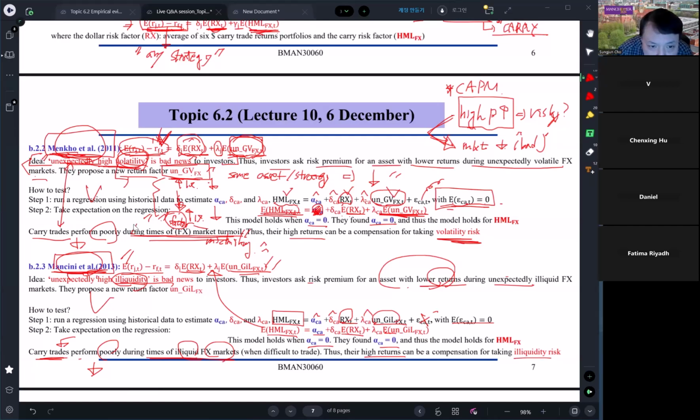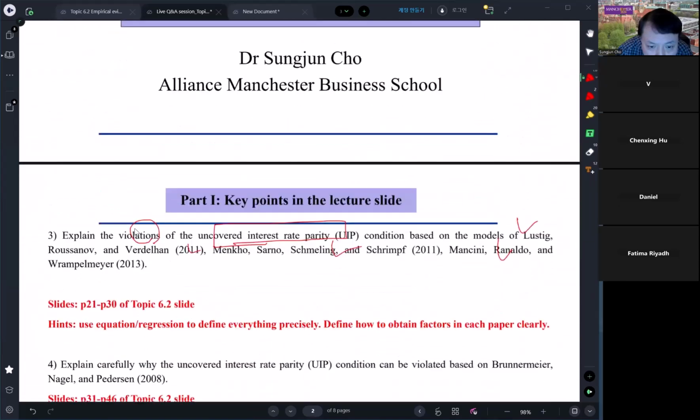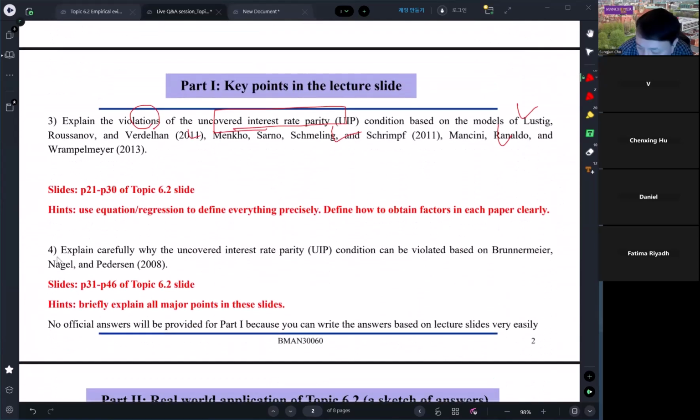Now, given this summary, you can write an answer for this one, right? You start with the UIP, clearly explain UIP with symbols and equations, and then you're going to explain the violation of UIP using the regressions.